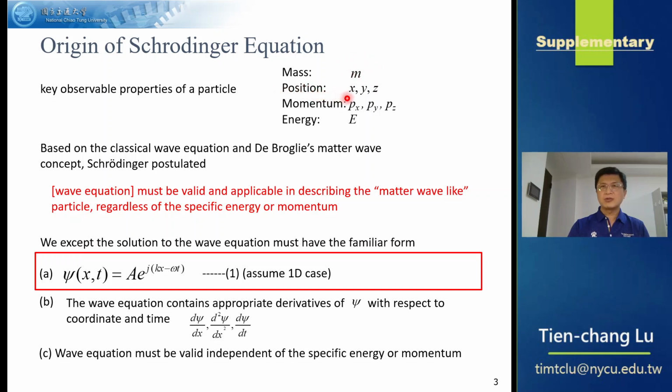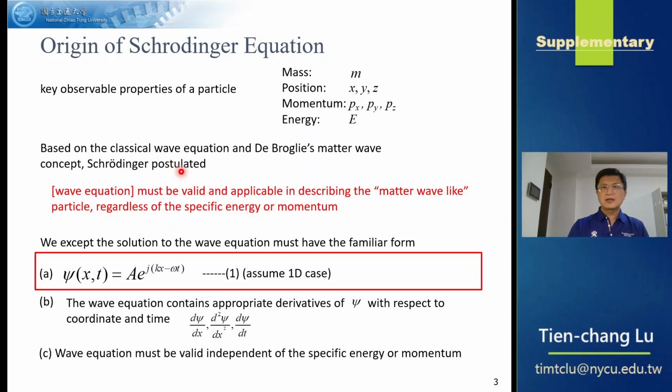Of course, we can measure the positions in the x, y or z directions, or the coordinates. We can also measure the momentums in 3 coordinates in terms of px, py, and pz. And of course, we can also observe or measure the energy of the particle. We use E to represent it.